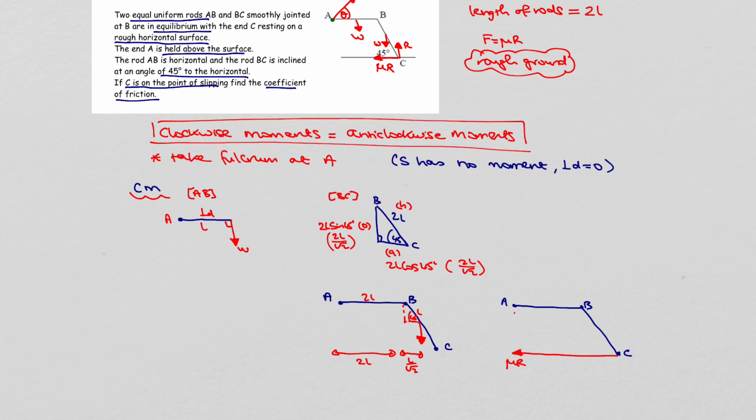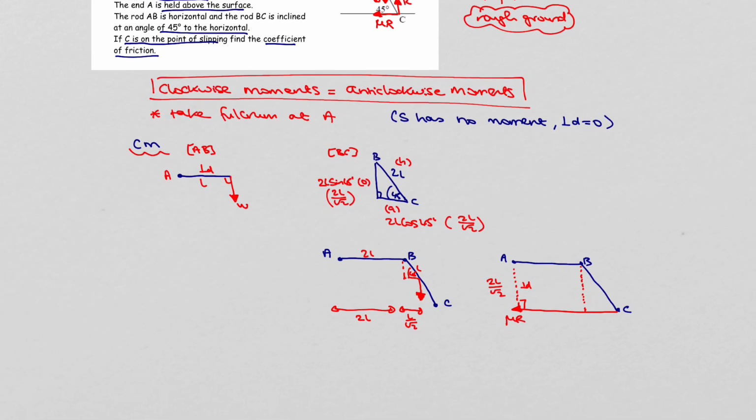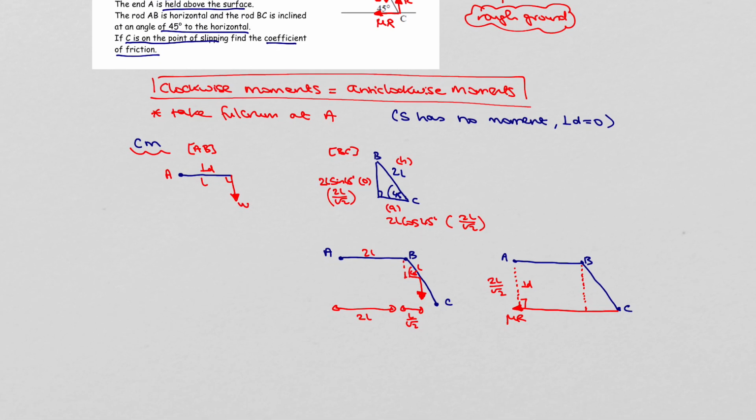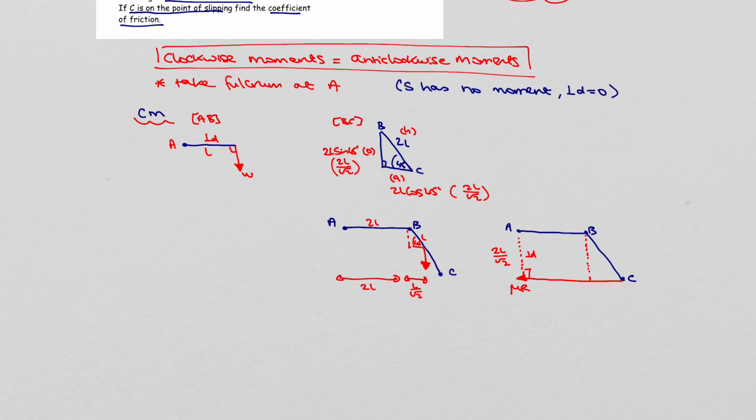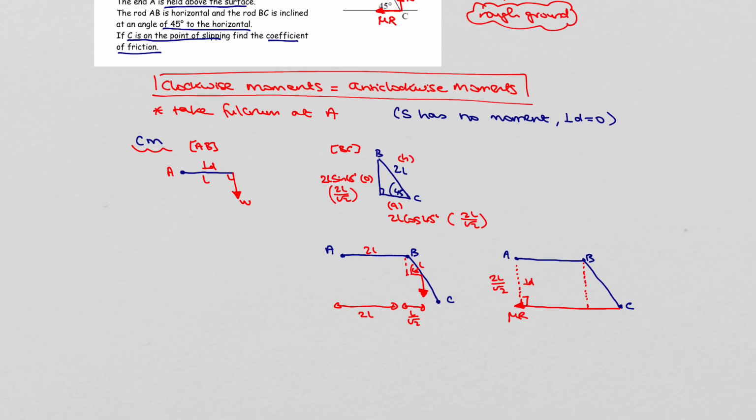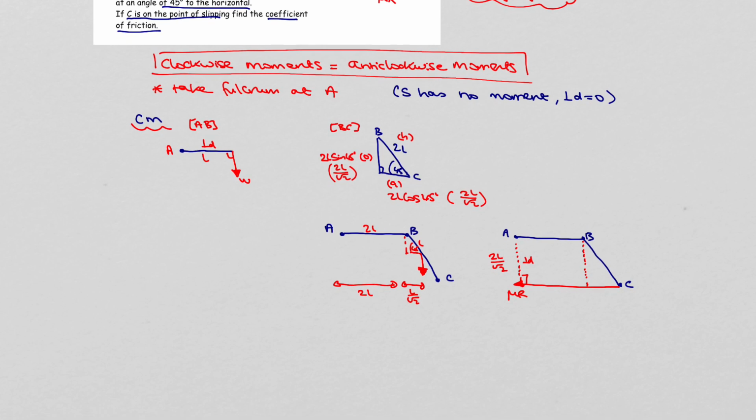And therefore my perpendicular distance to A is going to be the height of that triangle, which is 2L over root 2. So now I have my perpendicular distance for the weight of the rod AB, the weight of the rod BC, and the limiting friction there, mu times R at C.